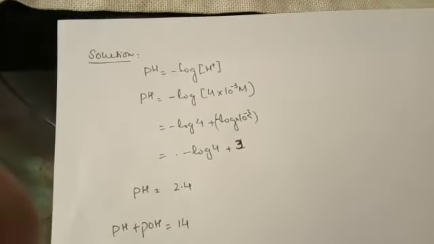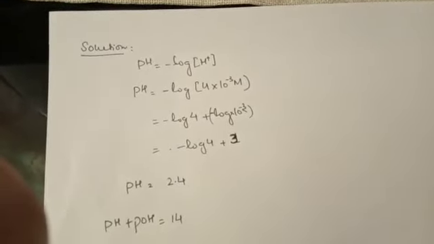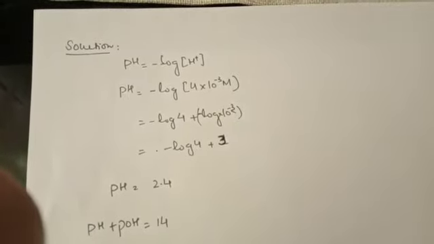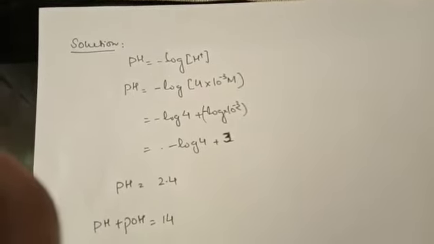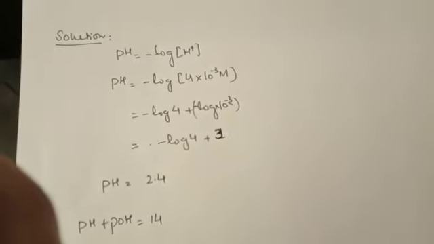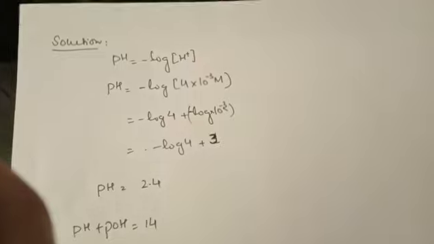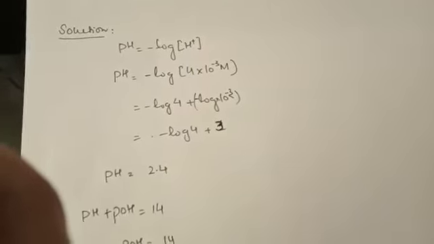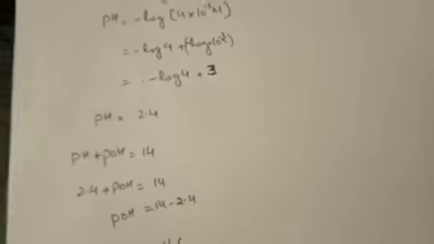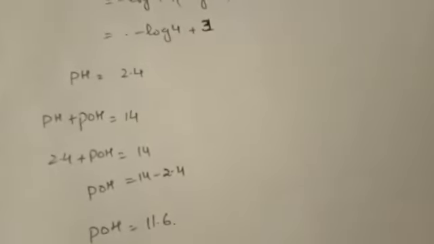pH is equal to minus log of the hydrogen ion concentration, and we simply put the value of the concentration of hydrogen ion. We multiply according to the given rules of mathematics, and you can find minus log 4 from your calculator, add and subtract the values as the operation requires, and we find the pH. Through this pH we can find the pOH, which is what we need.